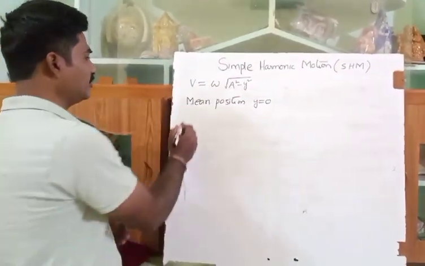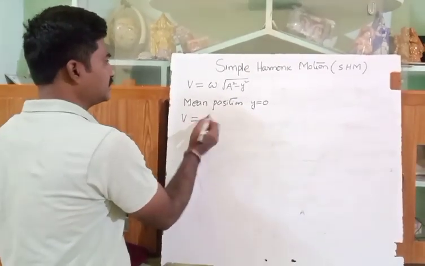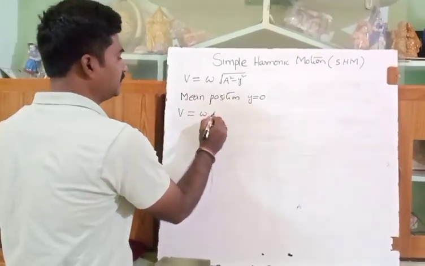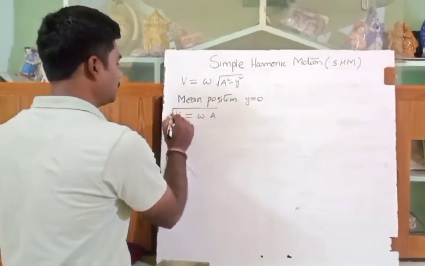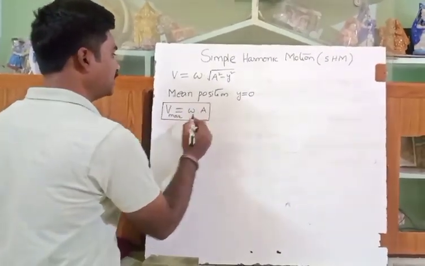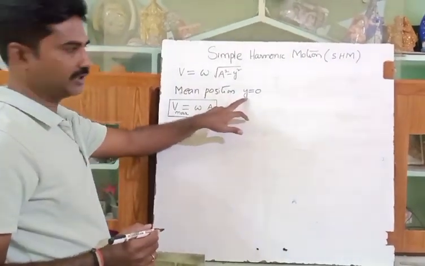Putting this value, we get v is equal to omega into a. That is, we get maximum velocity when the particle is at the mean position.